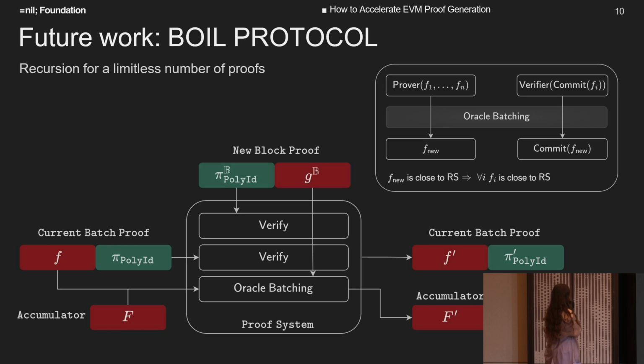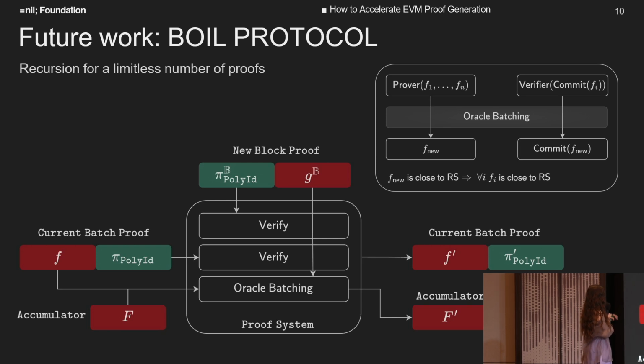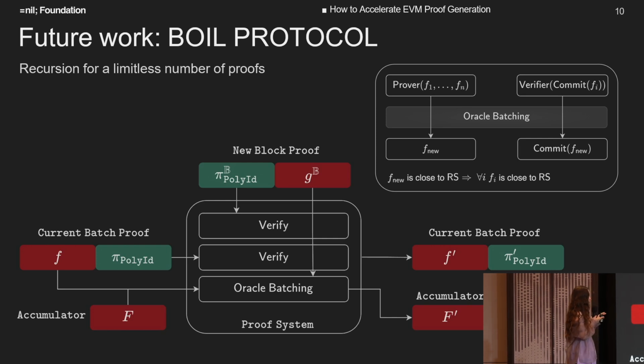Let's think about just one round of how it works. Suppose we have proof P and polynomial f and accumulator big F from the previous round, and we get a new proof P and a new polynomial G. What are we going to do with them? First of all, we have oracle batching.